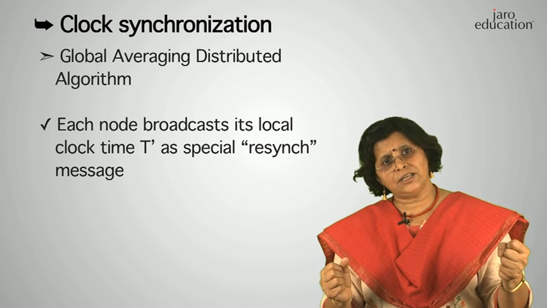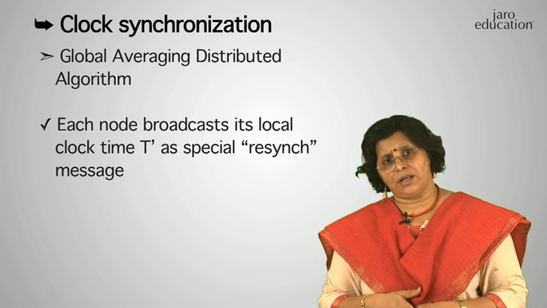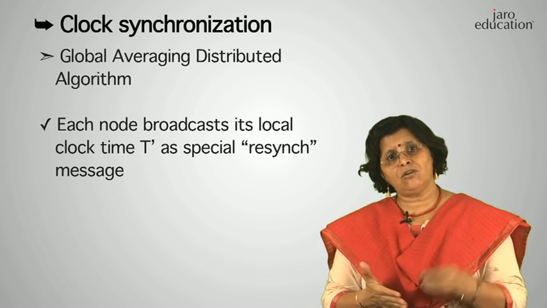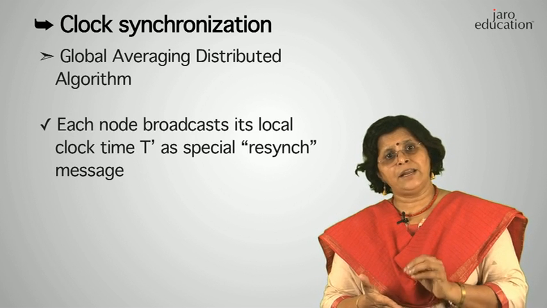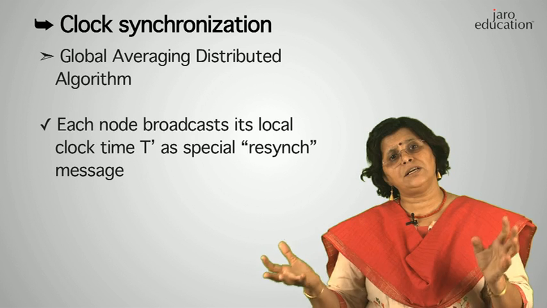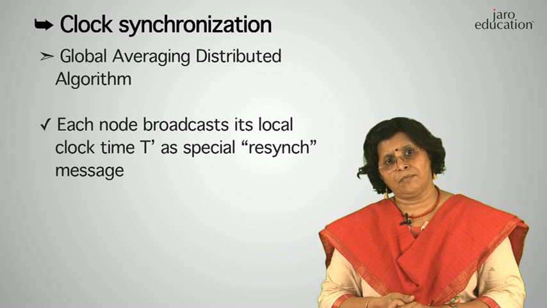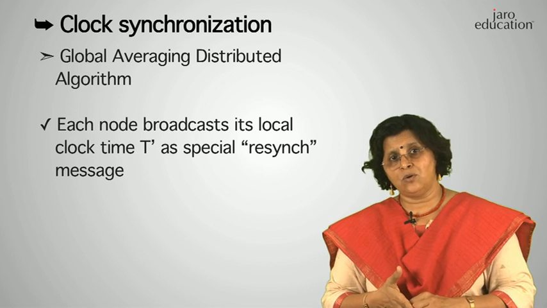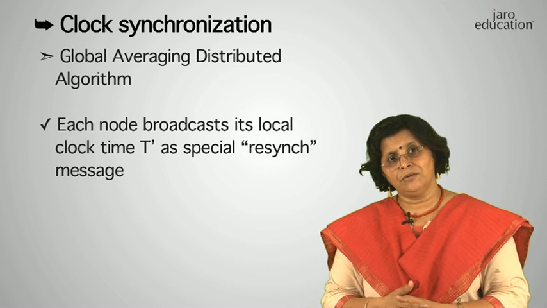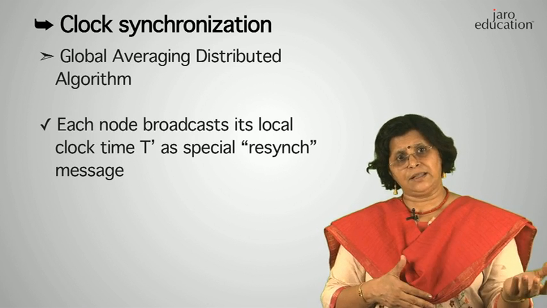It will average out the time and adjust its time accordingly. So the botheration of managing each time is periodically done by individual machines by asking all the other machines to send them the time. Now the problem here is there is a lot of traffic, because every node is sending a message to every other node for the current time and asking them for their time.